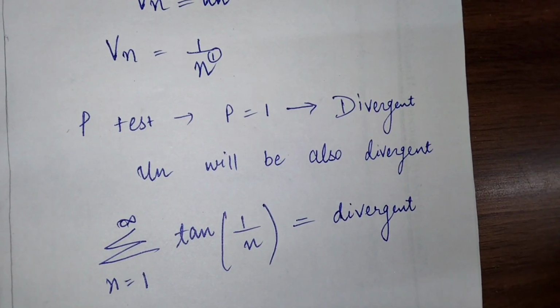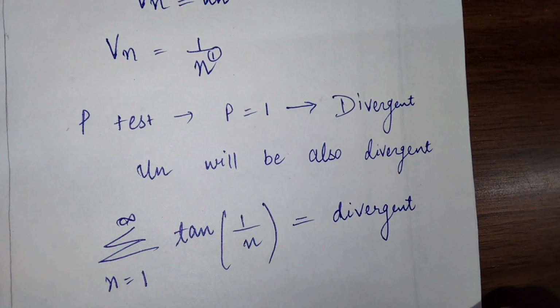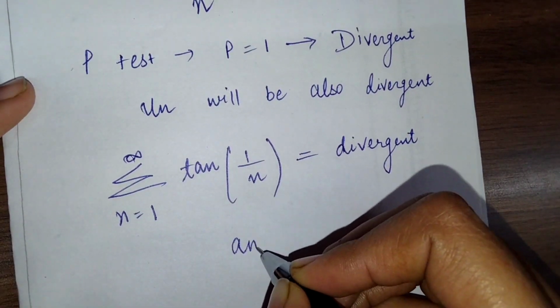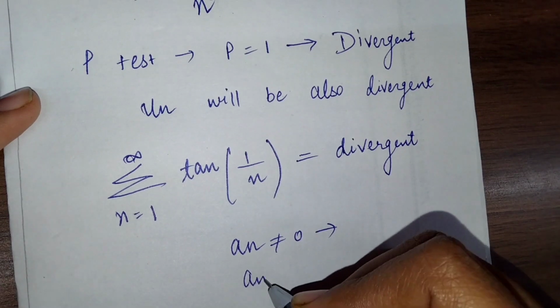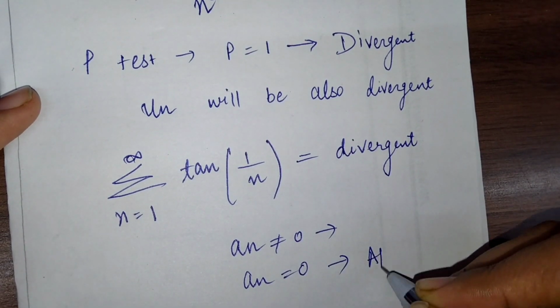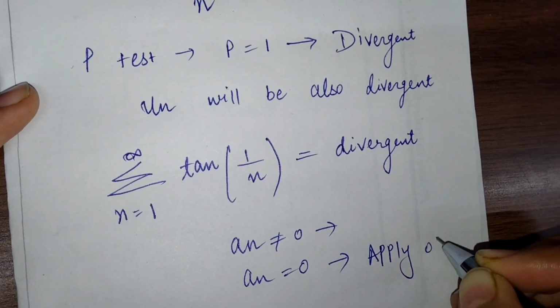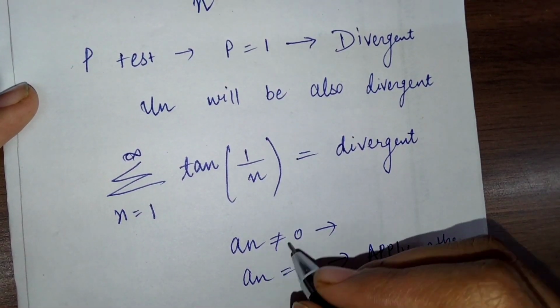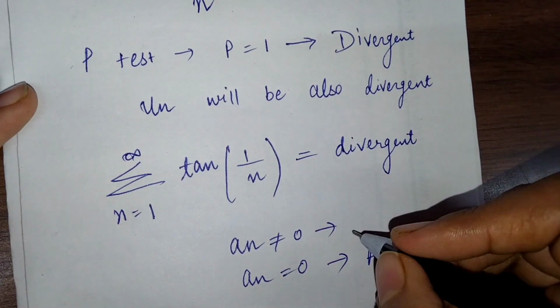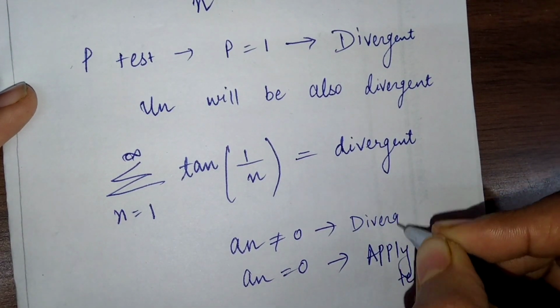So you have to remember that whenever an is 0, you cannot apply the nth term test. Whenever an is not equal to 0, you can directly write that it is divergent. But whenever an is 0, you have to apply another test. Here if you get a finite value not equal to 0, then you can write divergent.